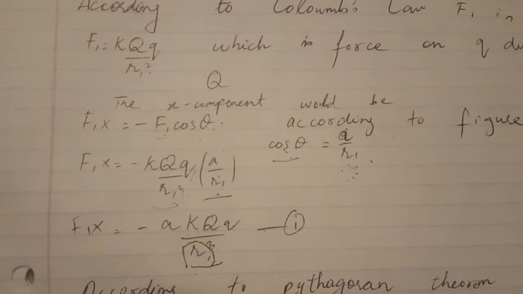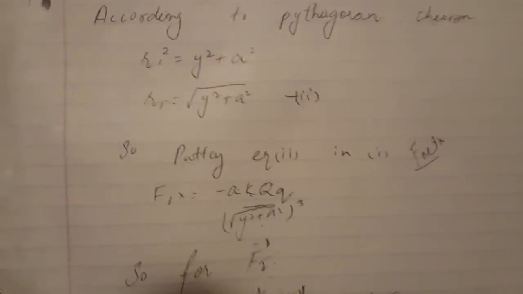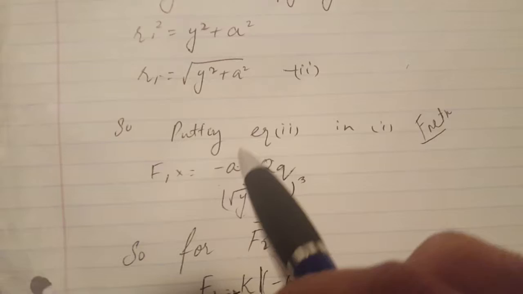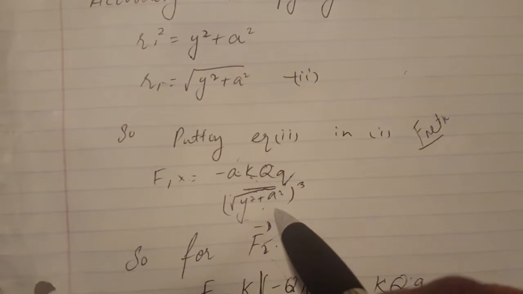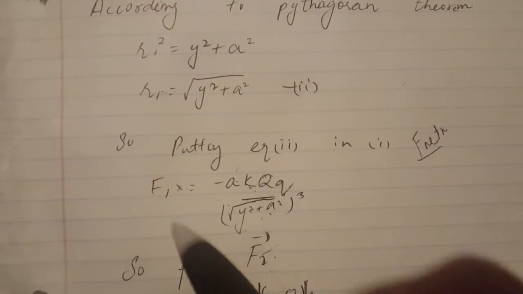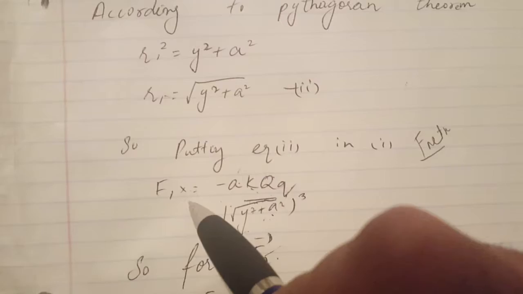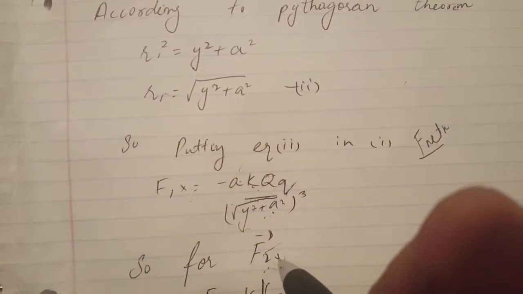Using the Pythagorean theorem, we get F1x equal to negative a k capital Q small q over the square root of y squared plus a squared, cubed. Now we have our F1x, and we need F2x.